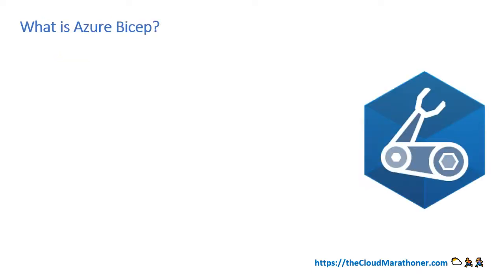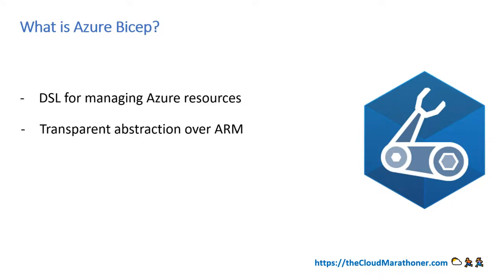All right, so let's start with the simple. What is Azure Bicep? Azure Bicep, in a nutshell, is a domain-specific language, and the main purpose of it is to help you manage Azure resources by making sure that you codify them and you can reuse them across different environments. Then it comes as a transparent abstraction over ARM templates.